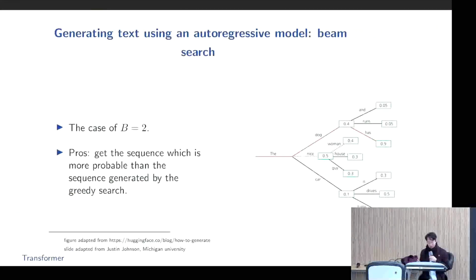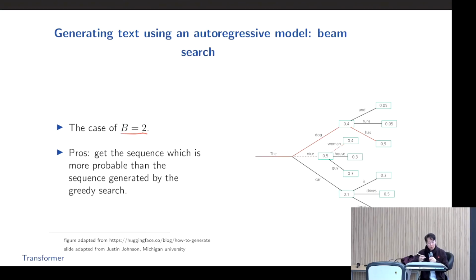Okay, so this is the case with beam size 2. So here, the top 2 candidates were dog and nice because they had a higher probability than this guy. And for each beam, we expand all choices. And we only need to select the top 2 paths because beam size is 2.